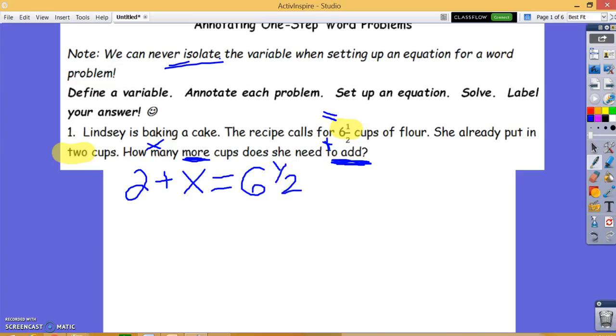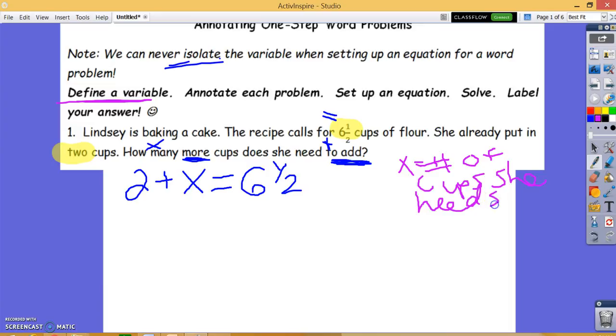So I've got 2 cups plus some more cups will equal 6½ cups of flour. Okay, and I forgot to define my variable. X is the number of cups she needs to add.